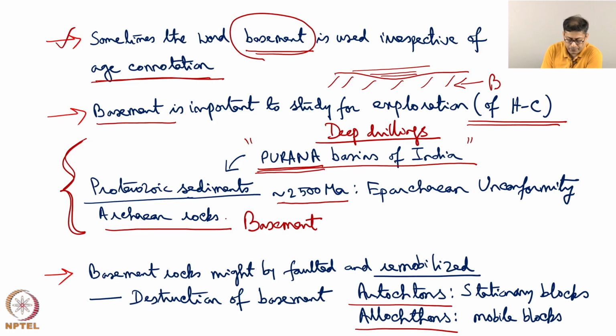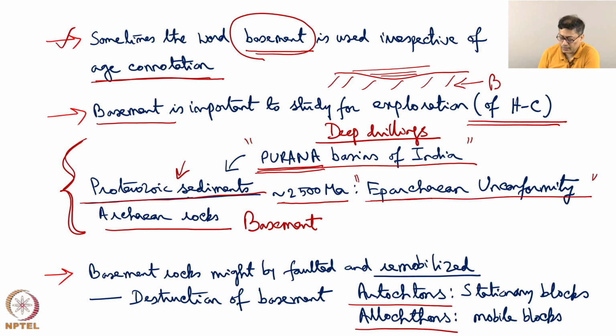The interesting point is that there was a time gap between the Archean rock, the very old one, and the Proterozoic sediments which are at the top. A few million years of gap might be there. So, based on that, this line has been described as the Eparchean unconformity.